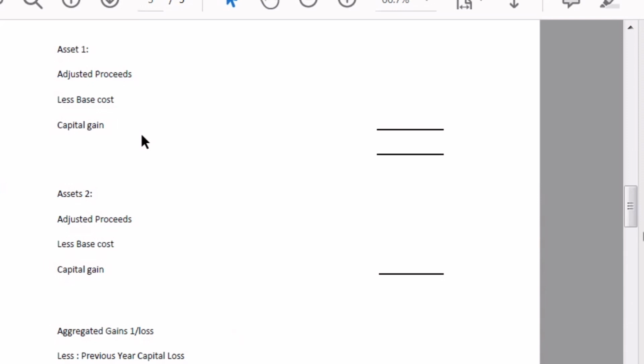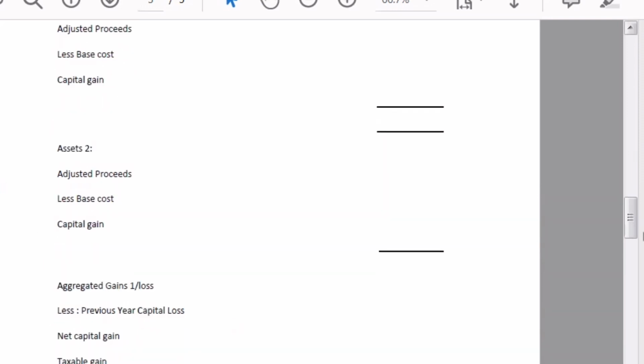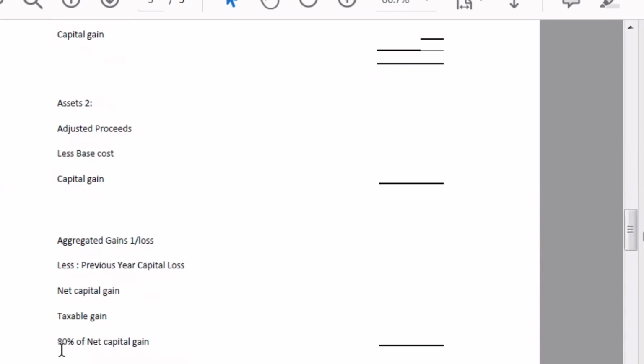All right. But SARS says, from what you gained when you sold the asset, we don't tax everything. We only want to tax 80% of what you received. That's why you always see in your FAC questions, capital gains 80%.